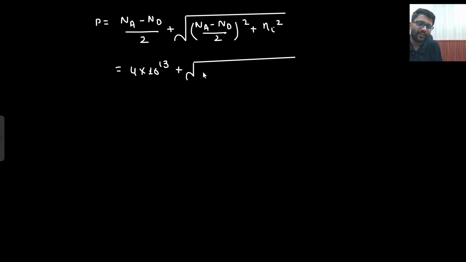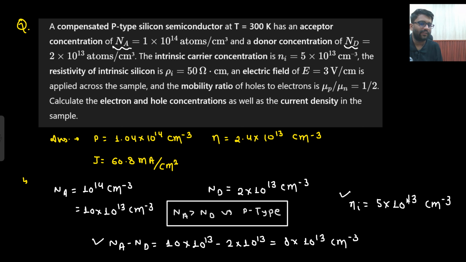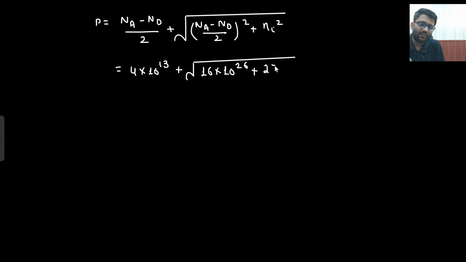Now what will be 4 square? That would be 16. 10 to the power 13 squared will be 10 to the power 26, plus Ni square: 5 square will be 25, into 10 to the power 26. So here 10 to the power 13 will come outside and 4 will be there. So 4 plus 25 plus 16, what would that be? 41 into 10 to the power 13.